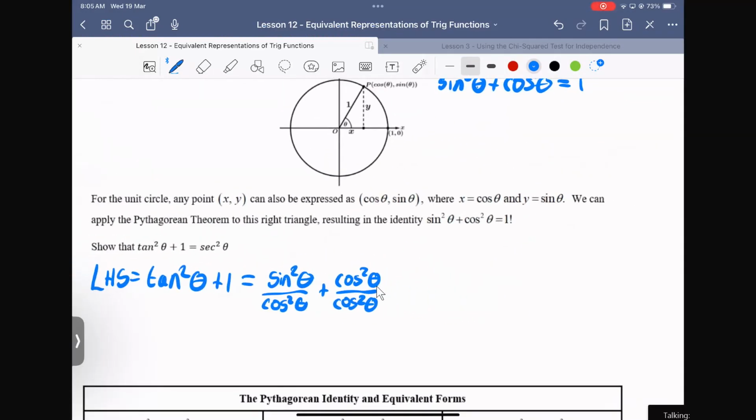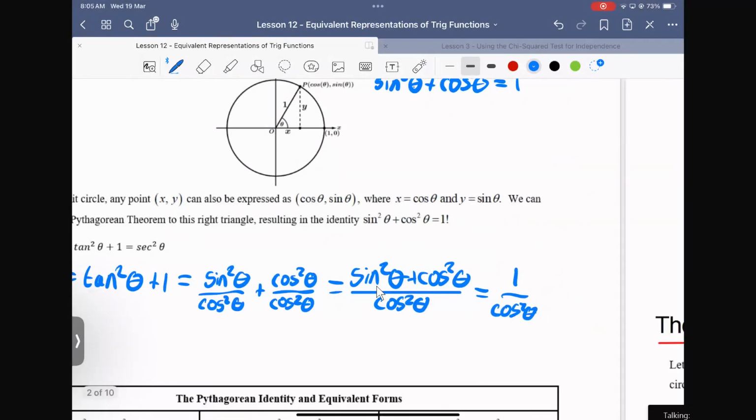So then we can combine these two, and we've got sine squared theta plus cos squared theta all over cos squared theta. Well, the numerator is simply equal to 1.